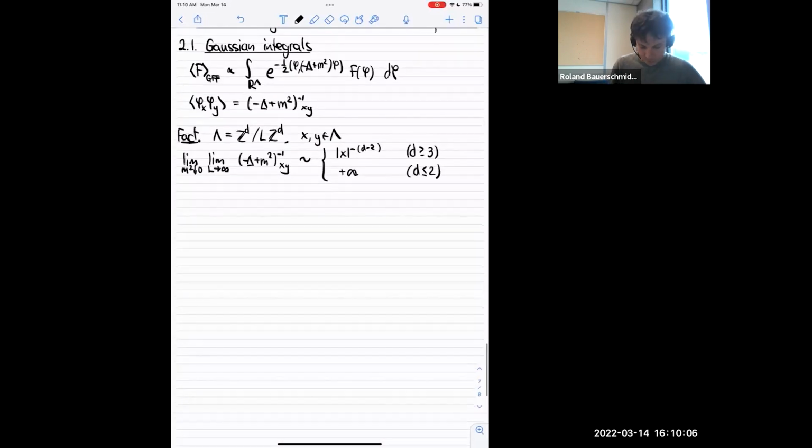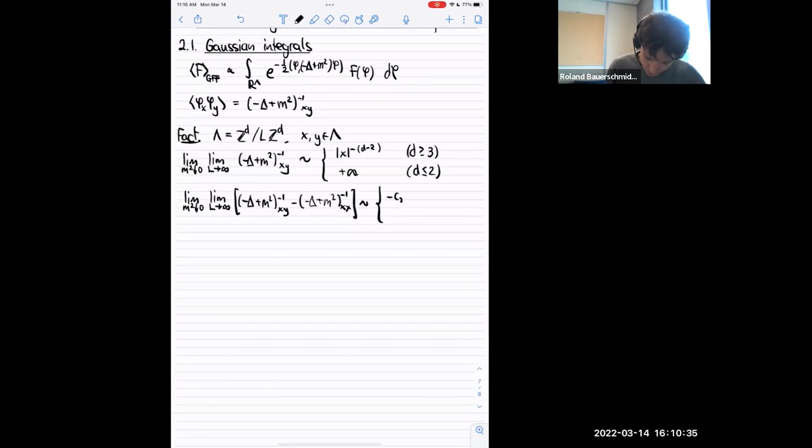And you can ask more precisely what happens in dimension 2: if you subtract the divergent term, which is just the diagonal term, and take the same limit, then it behaves logarithmically in dimension 2 and linearly in dimension 1.